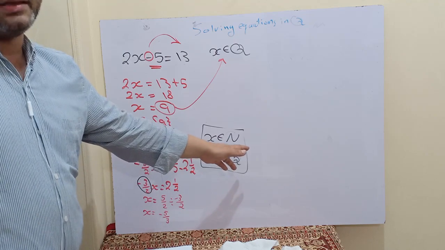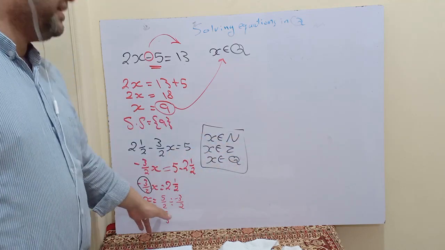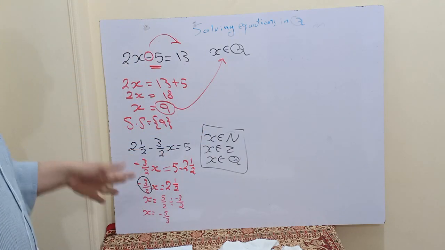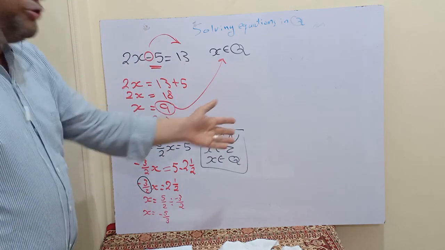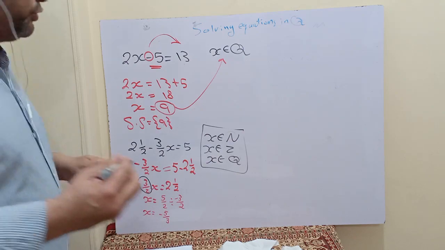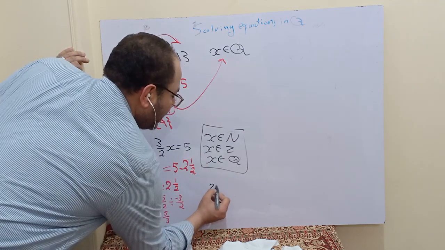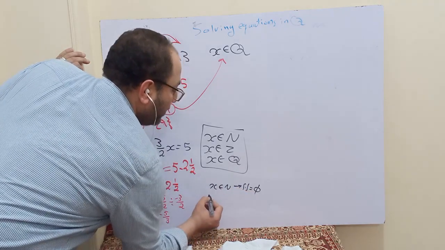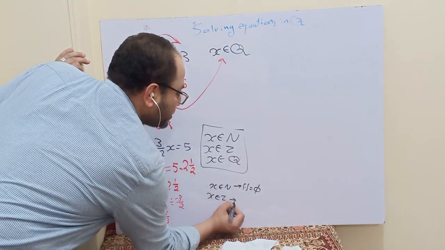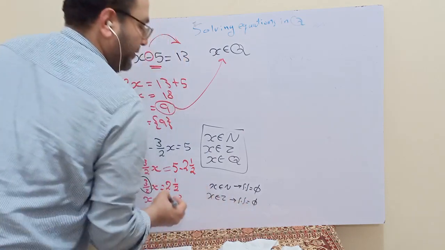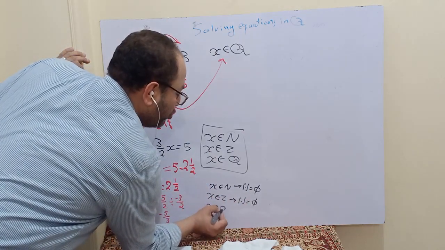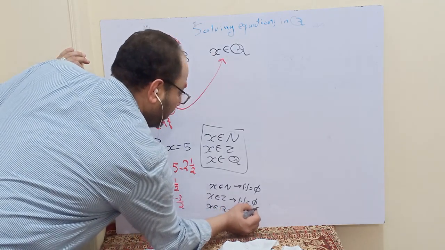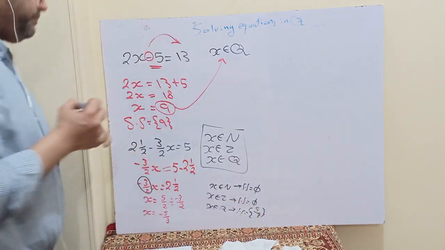Z has some negative elements, but -5/3 is a fraction, so it doesn't belong to Z. When x belongs to Q, then -5/3 belongs to Q. So the solution set when x belongs to N is the empty set, when x belongs to Z the solution set is also the empty set, and when x belongs to Q the solution set is {-5/3}.